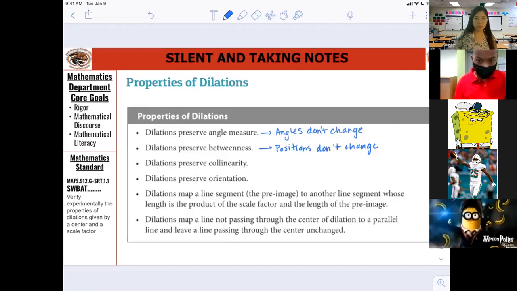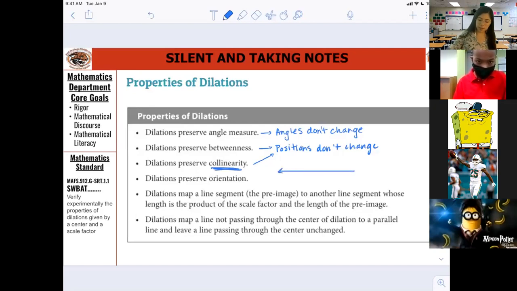Okay, dilations preserve collinearity. That kind of goes with the same thing. Like collinearity, what is that? What words are in there that maybe we can piece together what that means? Co, and then linear, right? So what that means is if something is on the same line, for example, I'll draw a little example.